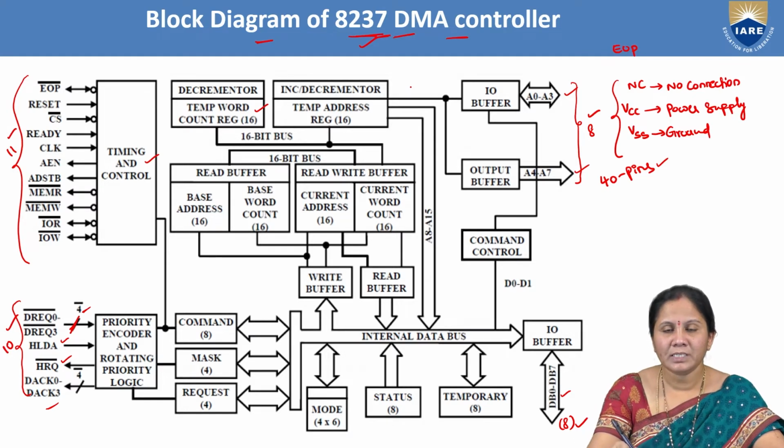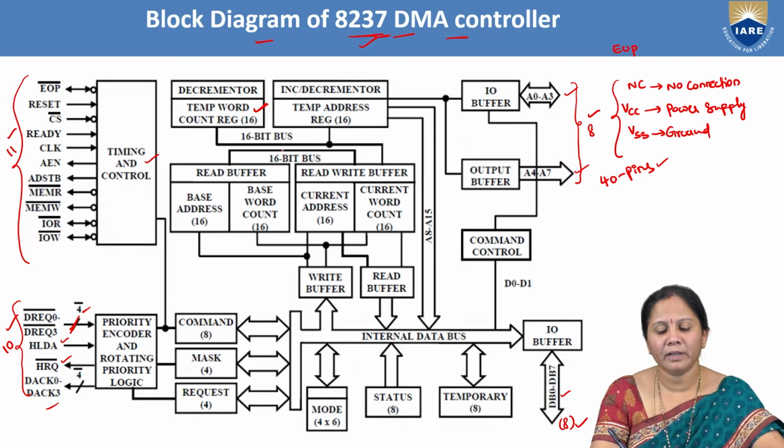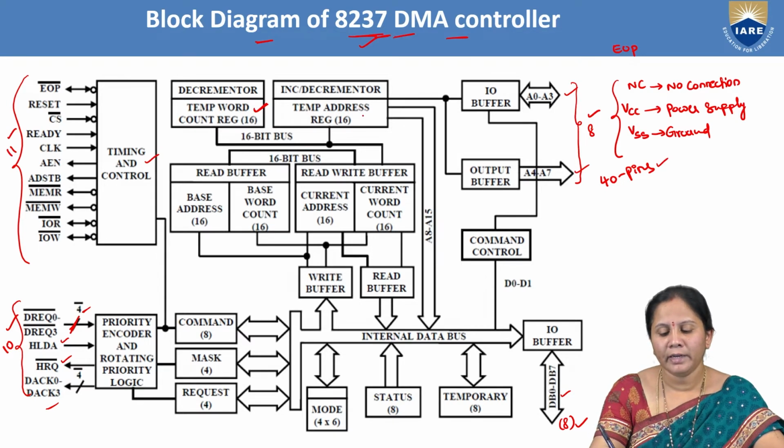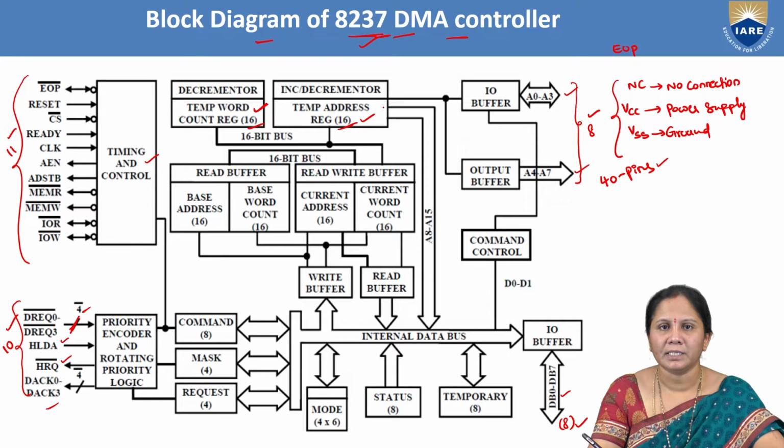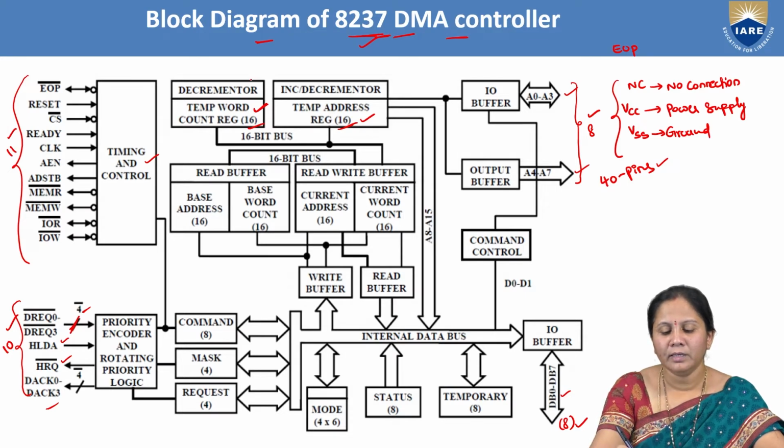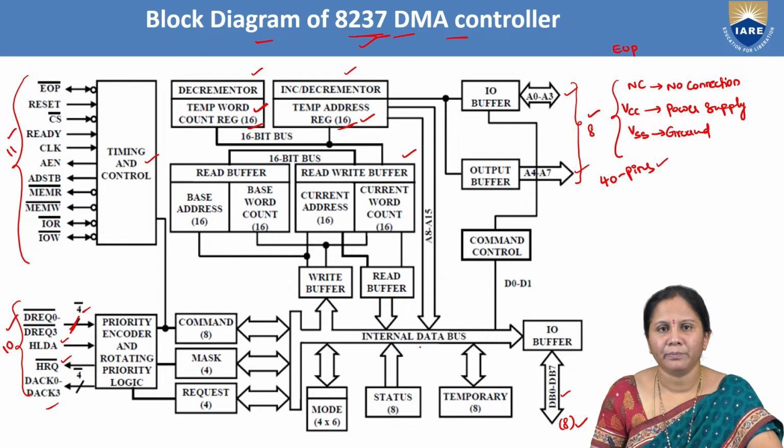But here, similarly, in each channel we will have a temporary word count register and a temporary address register. Each register is 16-bit in size. And this temporary word count register and temporary address register will be driven by this read-write buffer.